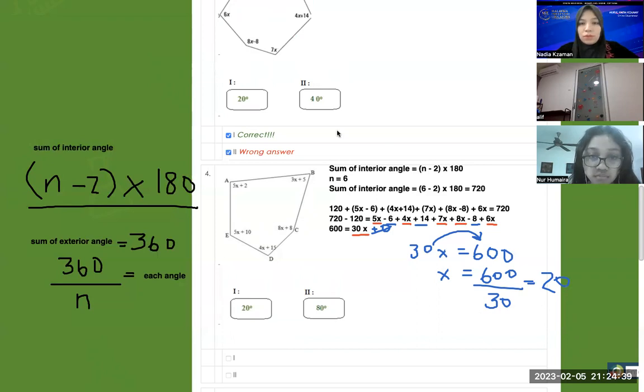So I'm going to erase this part. Only this part. Okay. Now, Myra, for number 4. The same concept applies. So you need to find the value of x.